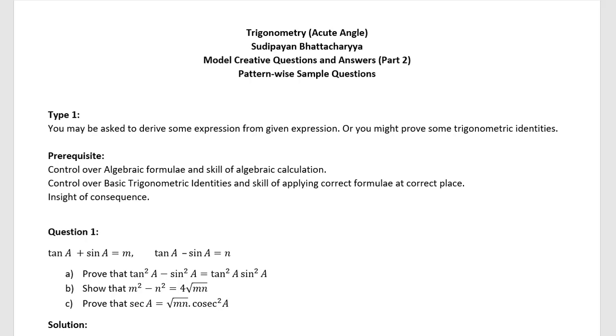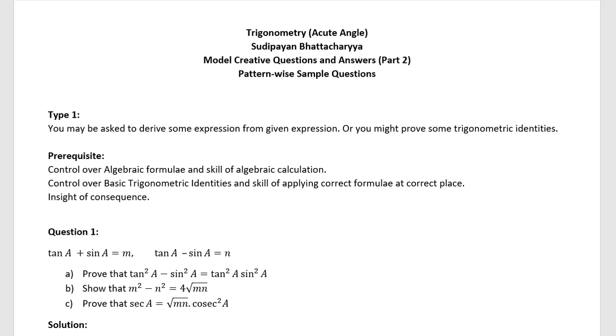If you solve the exercise problems, you can generate this kind of skill, and you will have some insight of consequence. Like there will be some stage where you may use two or three formulas in the expression.